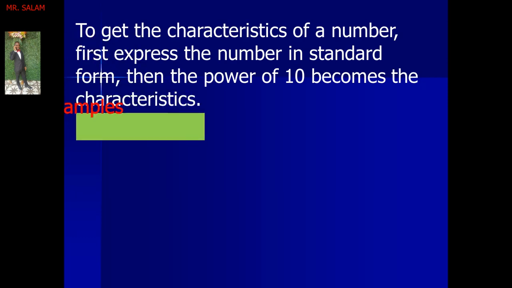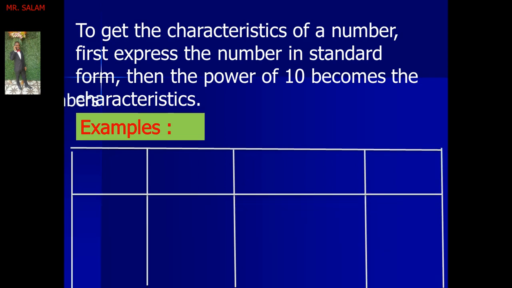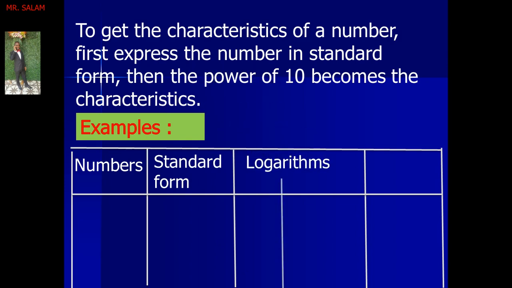For example, let's quickly draw our table first. So we have the numbers in standard form, the logarithms, which can be divided into two parts, characteristic and mantissa, then the final answer.